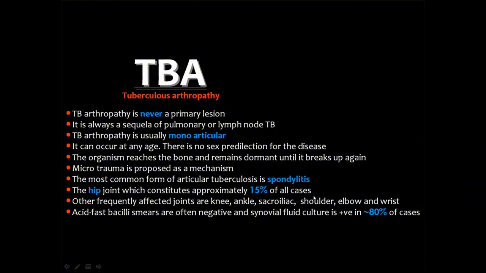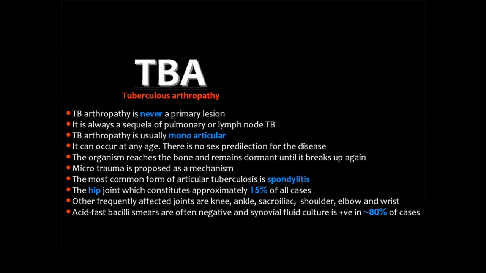The most common site for tuberculous arthropathy is the spine, of course, but the hip is one of the joints that is frequently affected by septic and tuberculous arthritis. Also, the knee, ankle, sacroiliac, shoulder, elbow, and wrist joints may be affected.